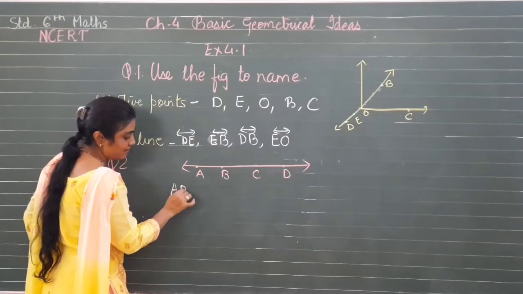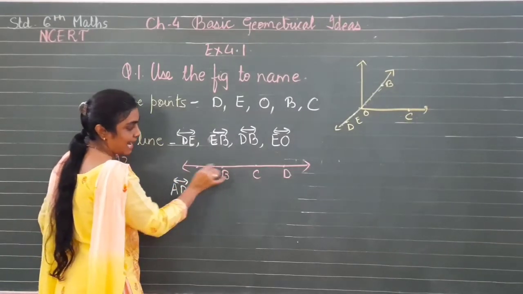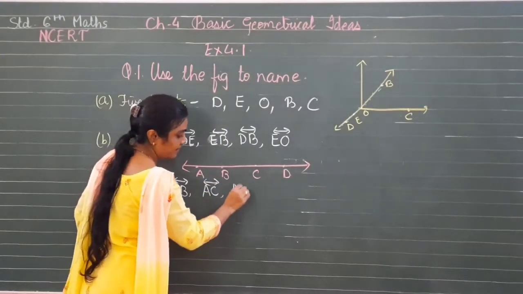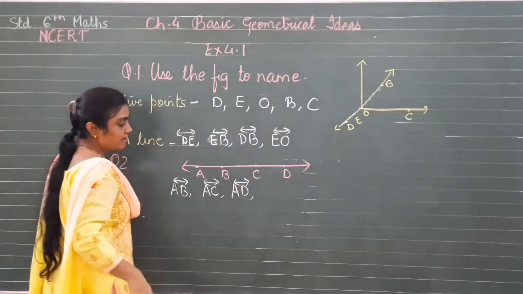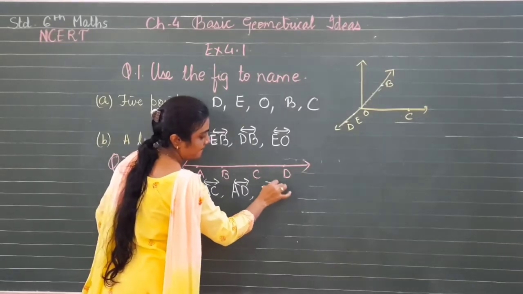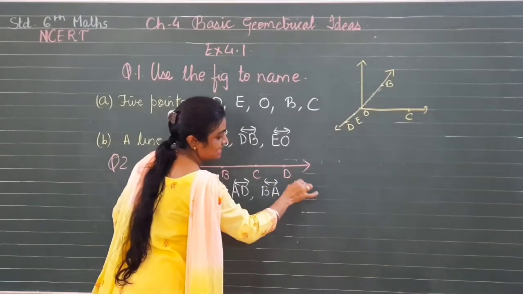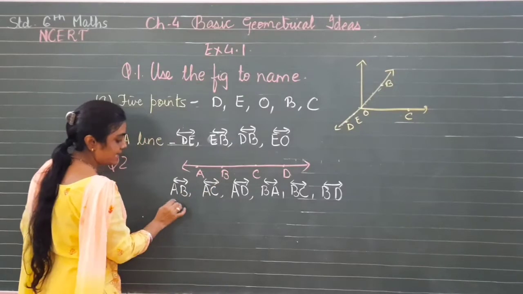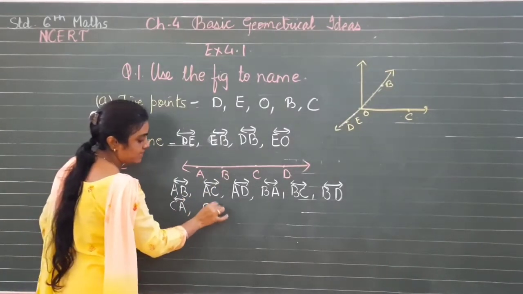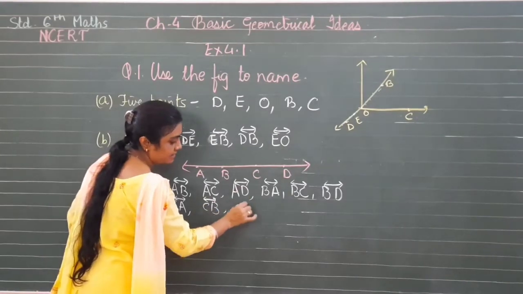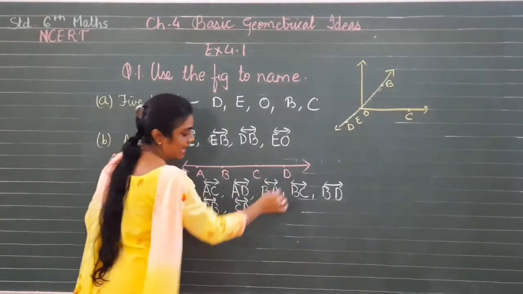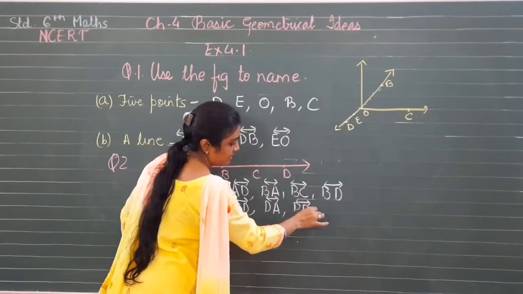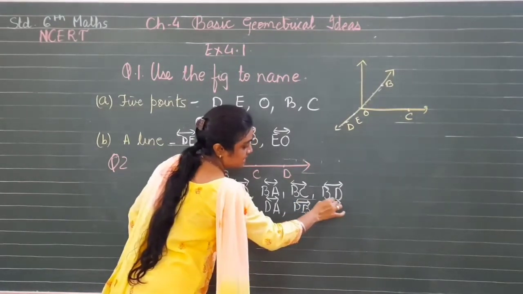So the first line will be line AB, then line AC, then line AD, then BA, line BC, line BD, then line CA, line CB, line CD, then line DA, line DB, line DC.